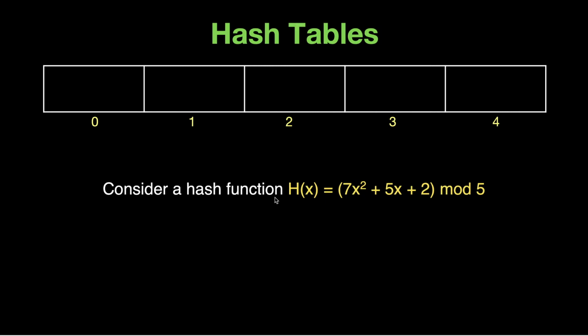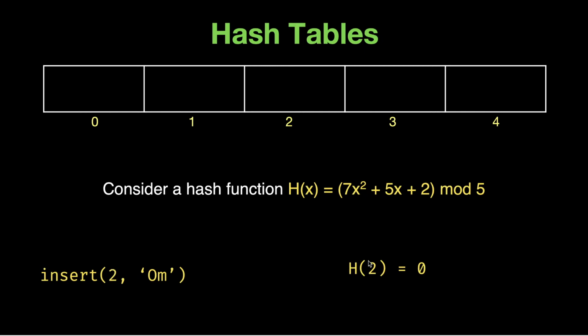So consider a hash function h(x) = (7x² + 5x + 2) mod 5. Mod means a modulo operation, the percentage operation. That means it gives us the remainder after dividing by 5. So if we insert 2 and ohm, 2 is the key here and ohm is the value. We will compute the hash value of 2.